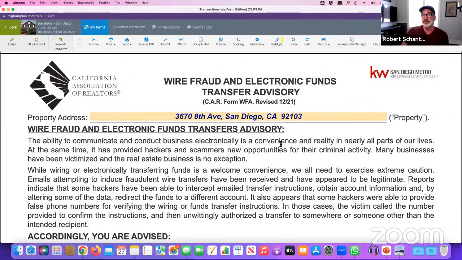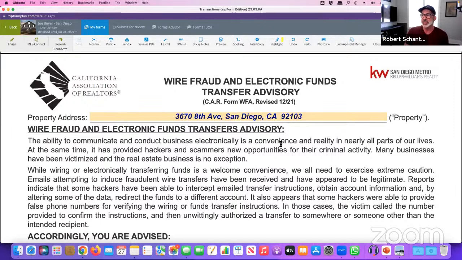You don't have two-party validation, or heaven forbid you're using an AOL or Yahoo email address. I'm sorry, I will rake on AOL and Yahoo and MSN. You should not be using that email when communicating with your principals about an escrow. You should be using a secure email like your KW email, because it has two-party verification and it's secure.